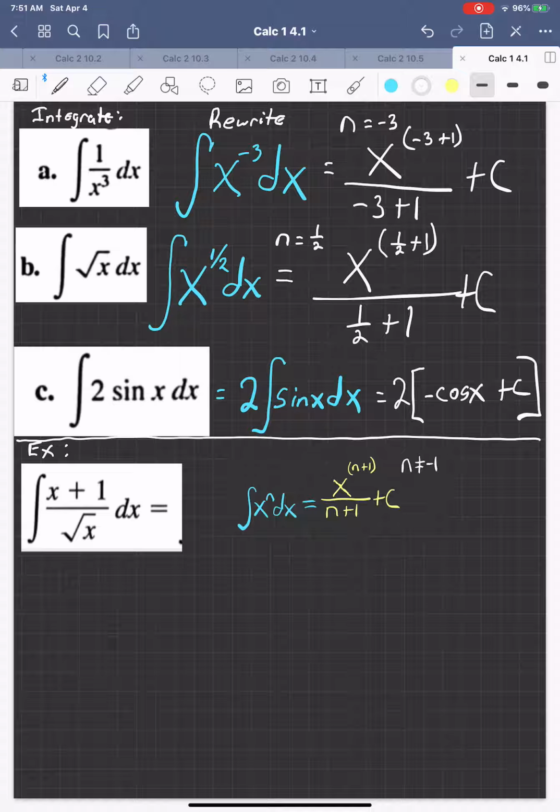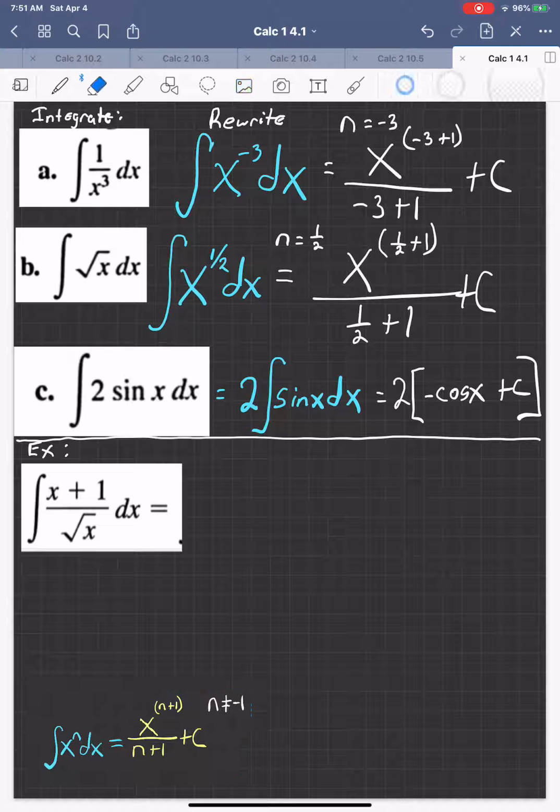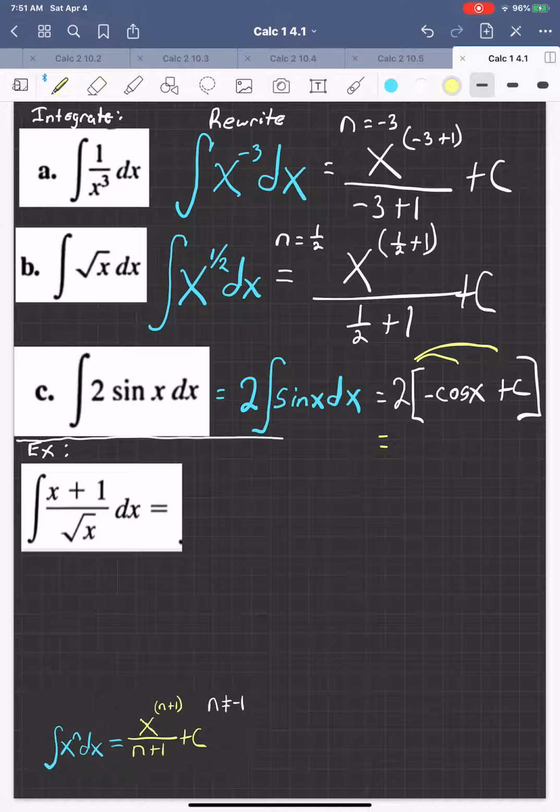All right, so really quickly, actually hold on for just a second. Let me move this down here. I just want to say something quickly about how different textbooks treat c. The way an author would treat c in this case is they would simply write this as negative 2 cosine of x plus c.